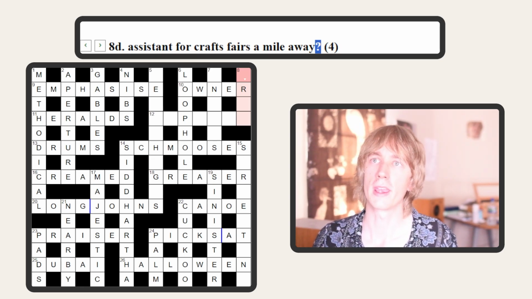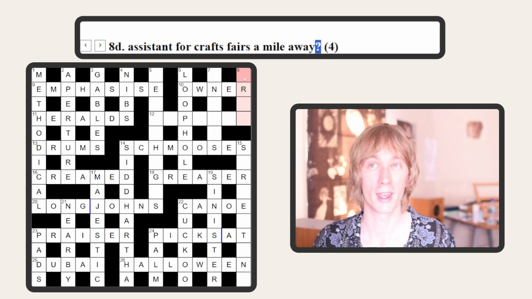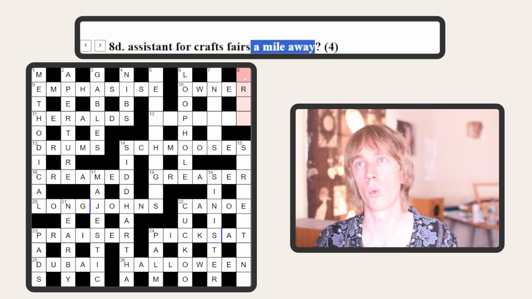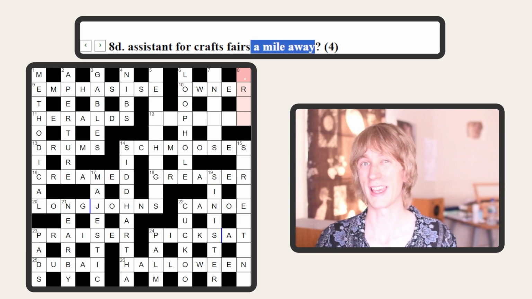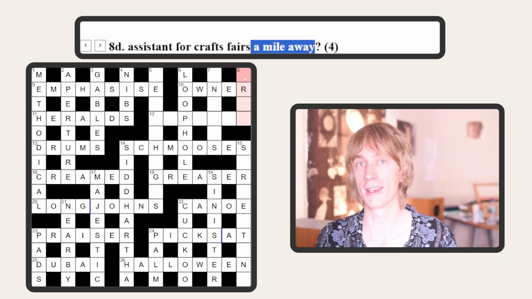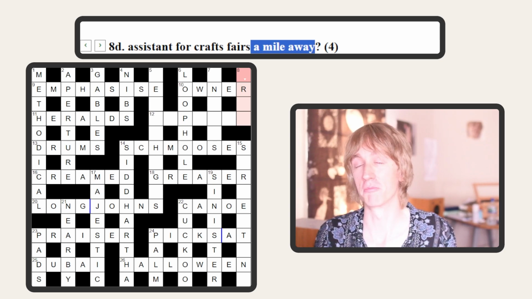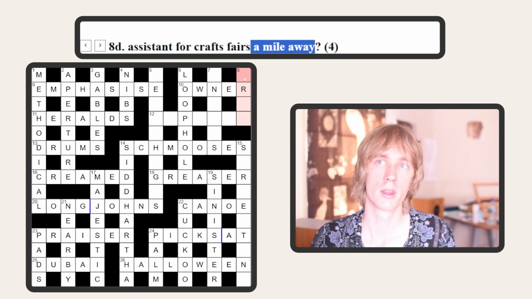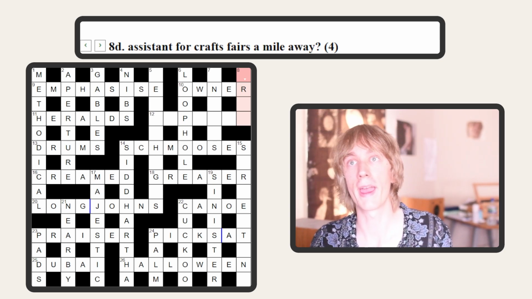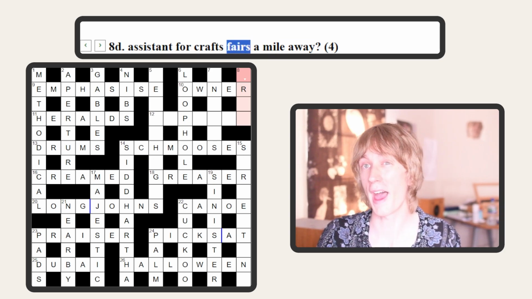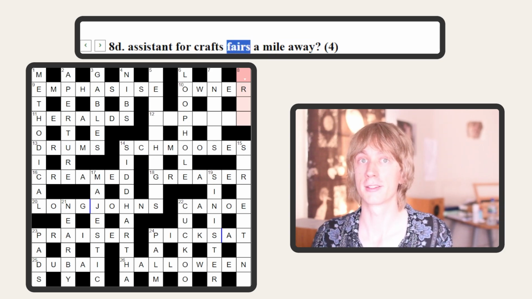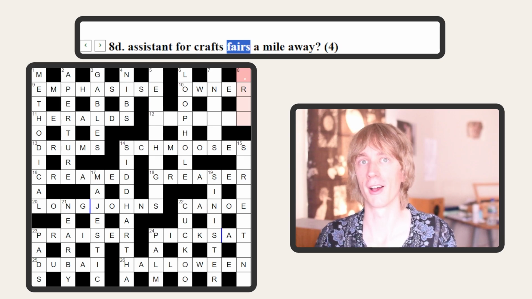And then we are looking for some indicators. And a mile away could be telling us to take an M away from something. And that's because M is an abbreviation of mile in miles per hour, for example. So we're taking a mile away from the word fairs. Well, fairs can be marts, right?